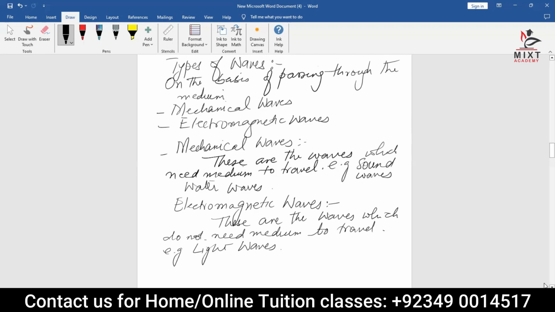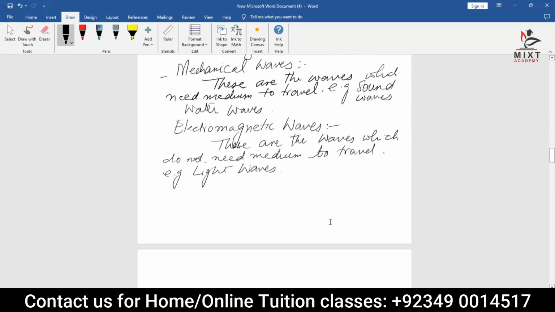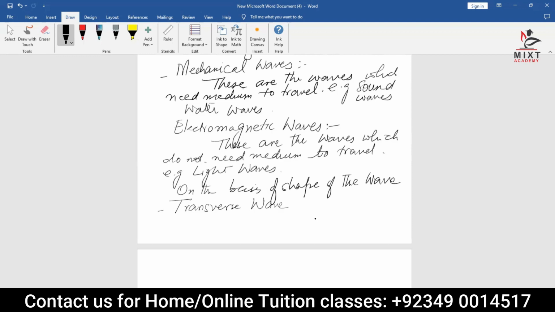Now, once you understand that, on the basis of shape of the wave, we got two types of waves, which Armina already said. One is called transfer waves, and the other one is called as longitudinal wave.